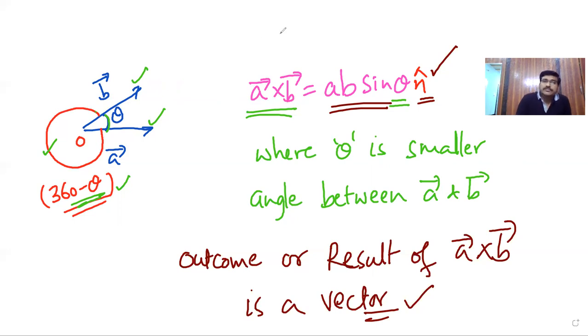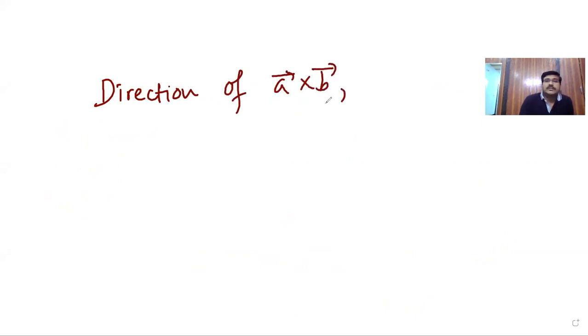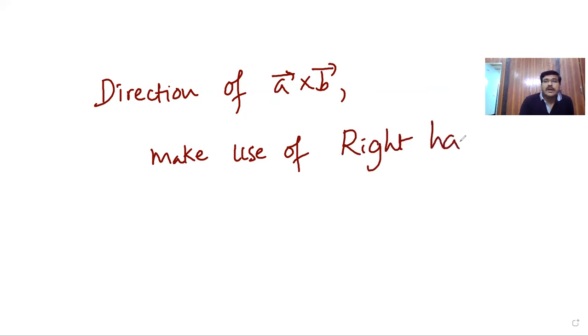So observe, when you want to calculate the direction of A bar cross B bar, the cross product, we make use of the right hand thumb rule.